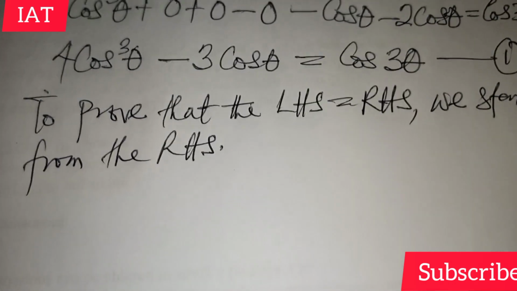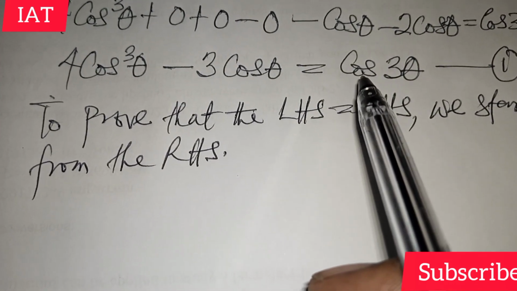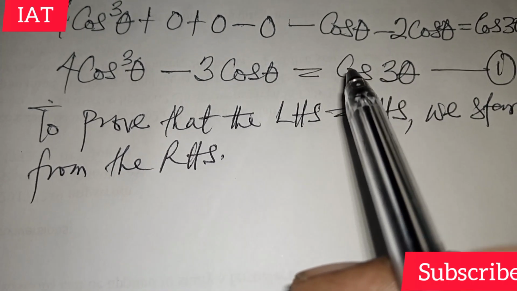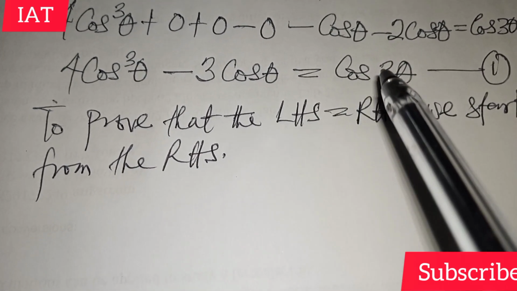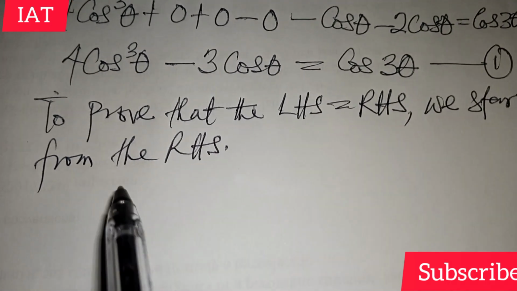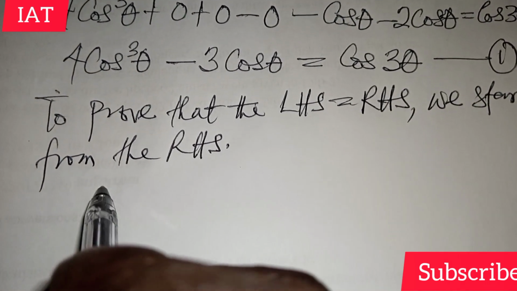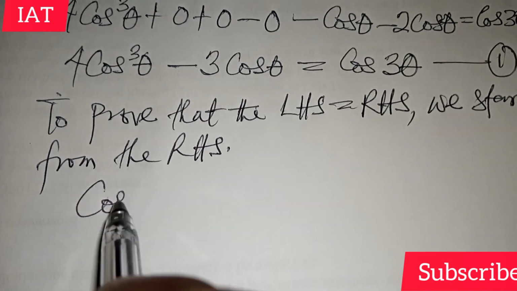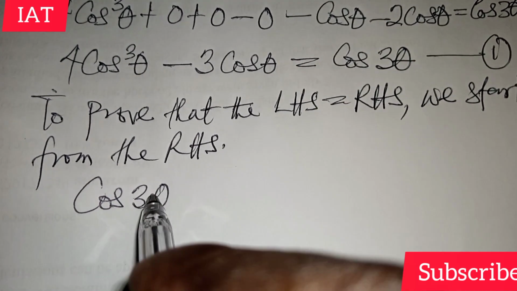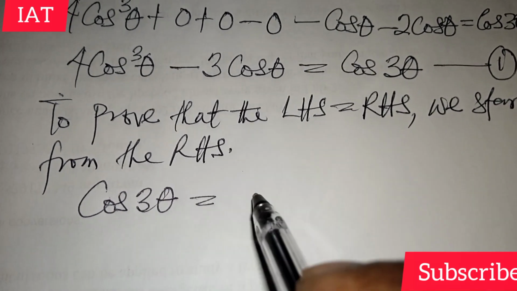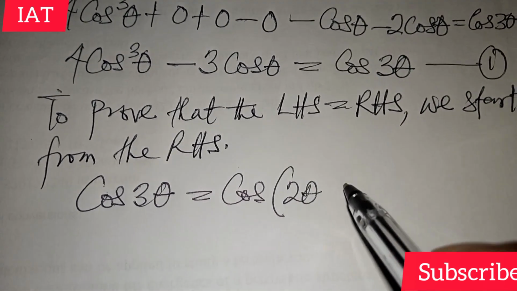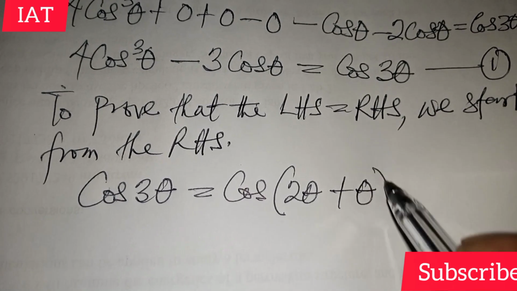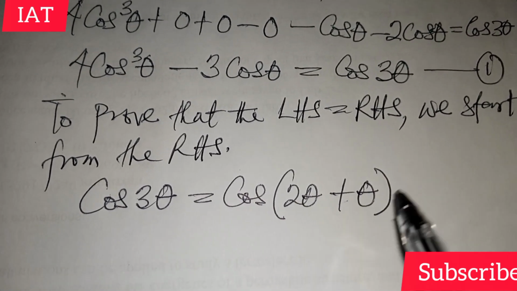So we need to think about the way we will split this, and also remember some of the trigonometrical identities. We need to establish that cos 3 theta is the same thing as cos of 2 theta plus theta, because 2 theta plus theta gives you 3 theta.